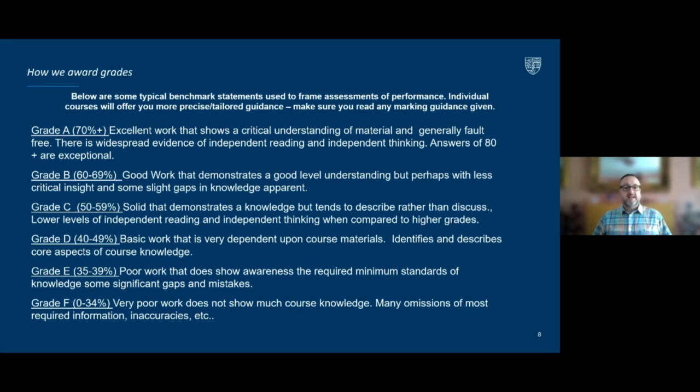And then a grade A, 70% plus, that's excellent work. You've got that balance, you've got that criticality, you've got theory being applied into a practical context. You've got students looking at the tensions within the theoretical and academic literature. They're not taking things at face value, but looking at different interpretations. So that would be excellent work.